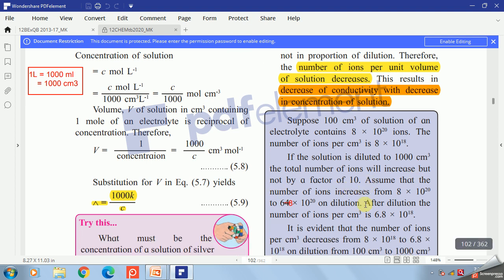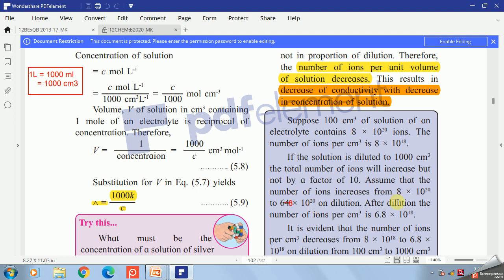Assume that the number of ions increases from 8 into 10 raised to 20 to something, but it is increased to only 68 into 10 raised to 20 on dilution.